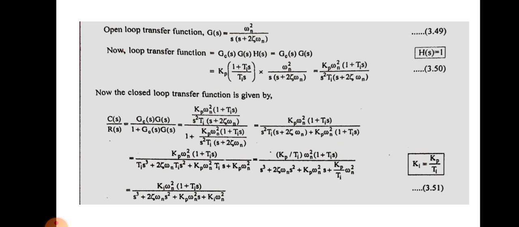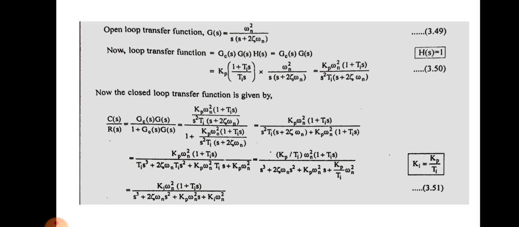So we can make such a conclusion that from the closed loop transfer function, in the case of a PI controller, there is a single zero in the system, and if we introduce a PI controller, the number of zeros increases, and also the order of the system is increased by 1.